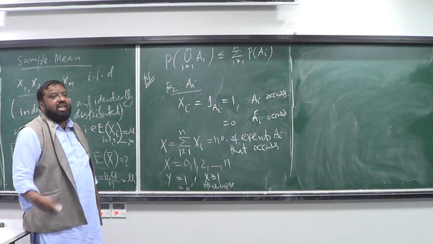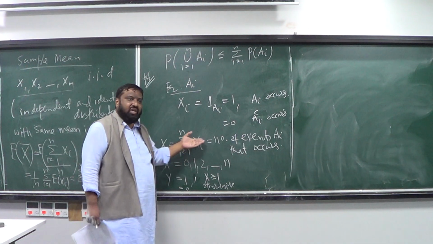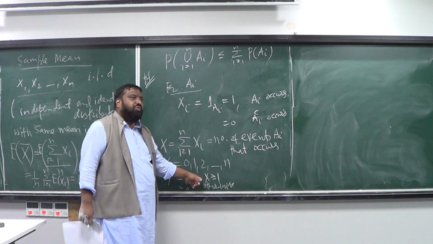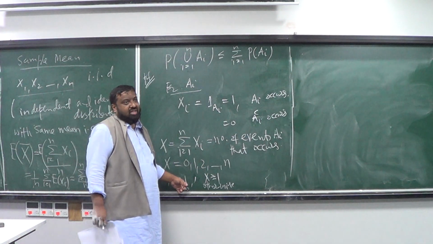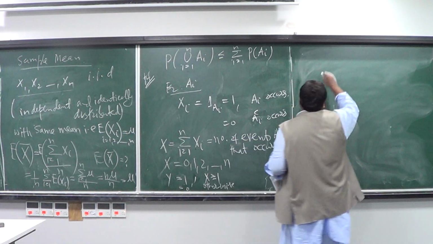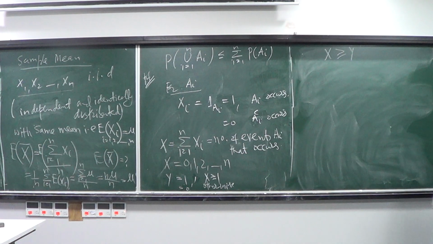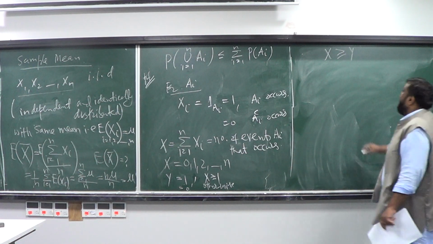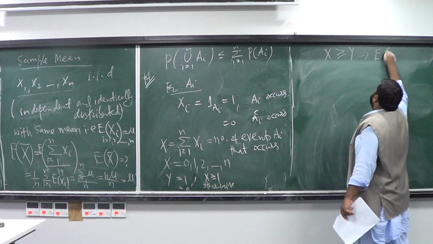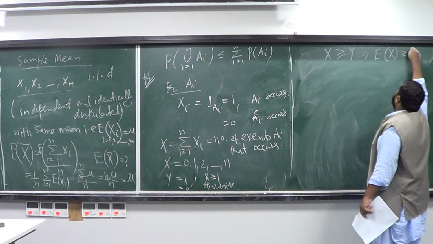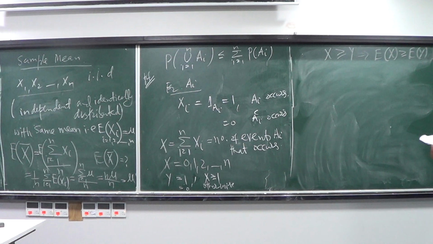But X can also take value 2, in other words, at least 2 of the events may occur. What would be the value of Y when X is 2? Y is still going to be 1. So you can immediately see that X is always bigger than or equal to Y, and this implies that the expectation of X is bigger than or equal to the expectation of Y.